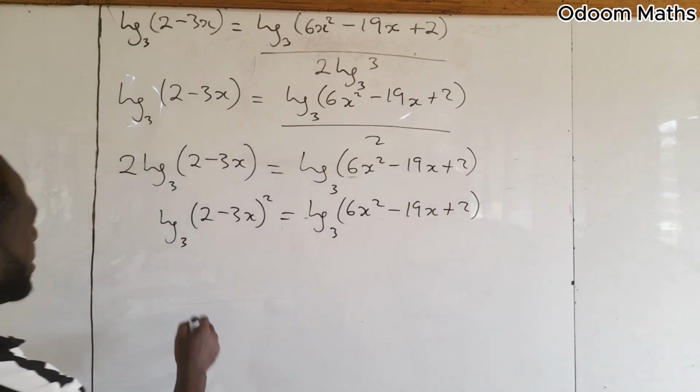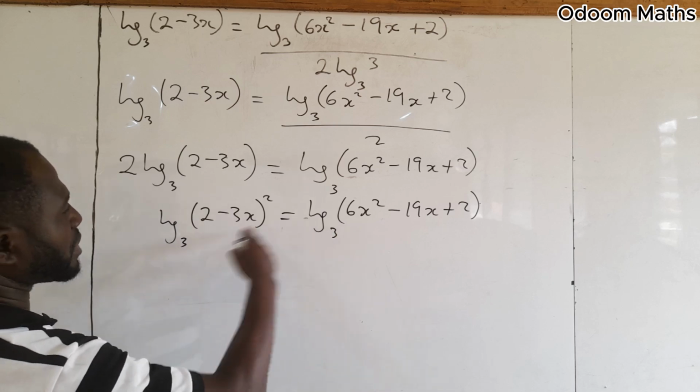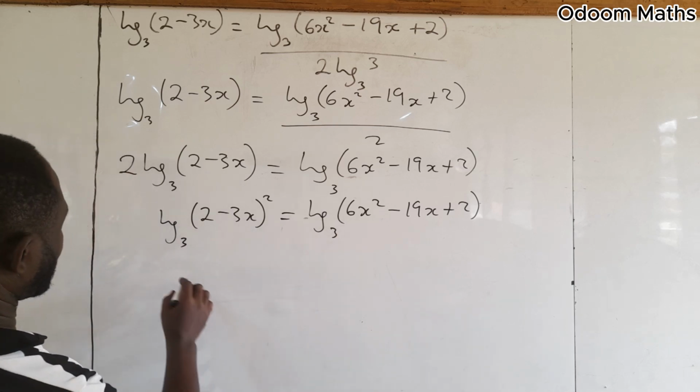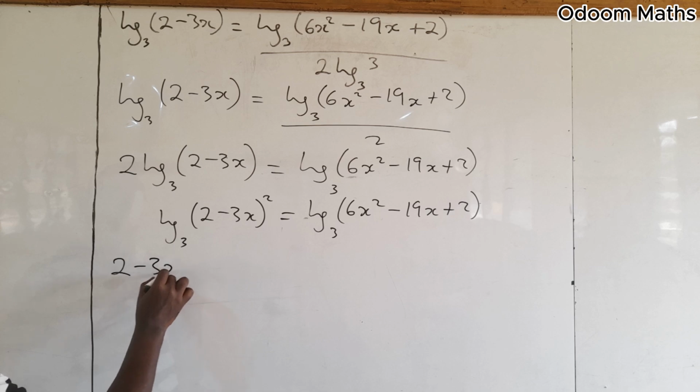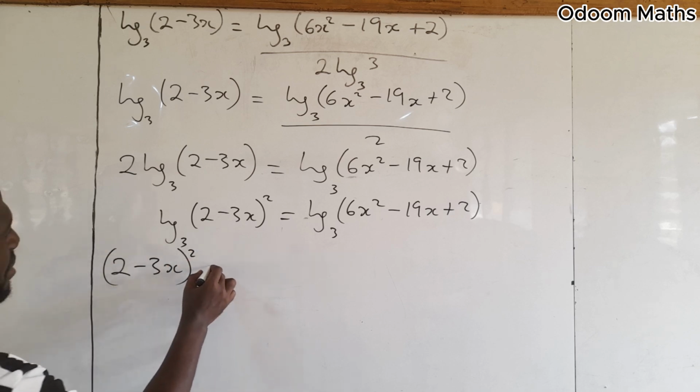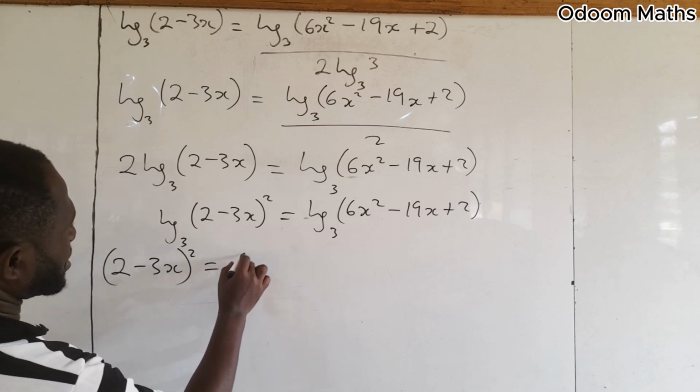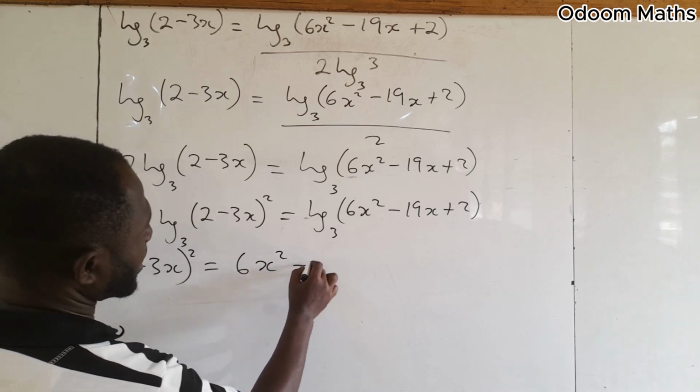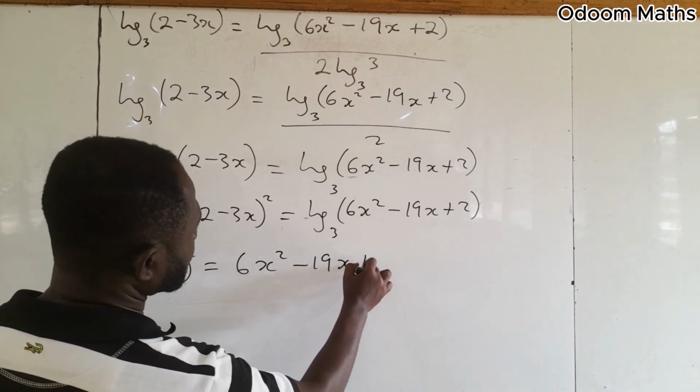Here too is base 3. So the same base, we can equate what's in the bracket. So 2 minus 3x squared equals 6x squared minus 19x plus 2.